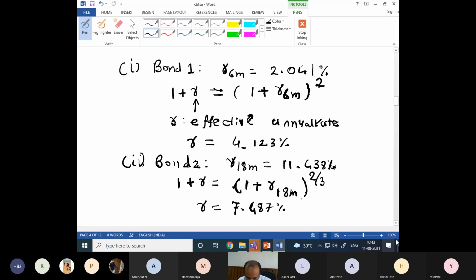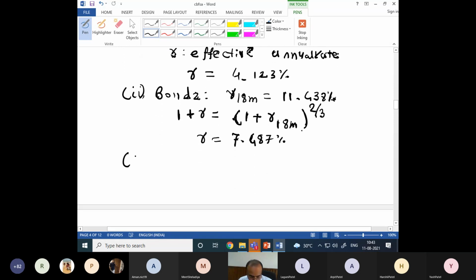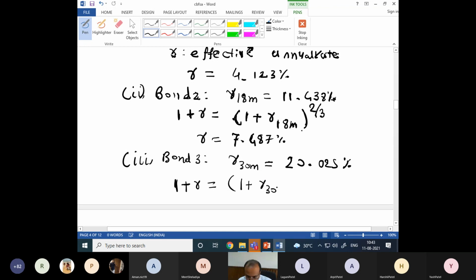And last one, bond 3, which is a 30-month bond, which gives me a 30-month return of some 20.025%. Okay, and I can use this equation now in a similar way with R 30 month as my period interest rate.